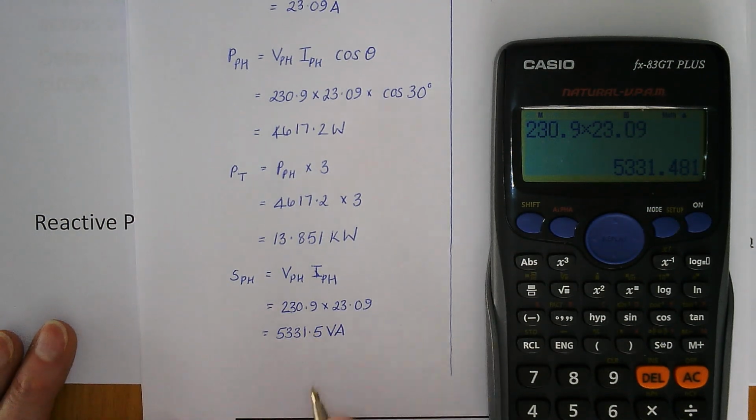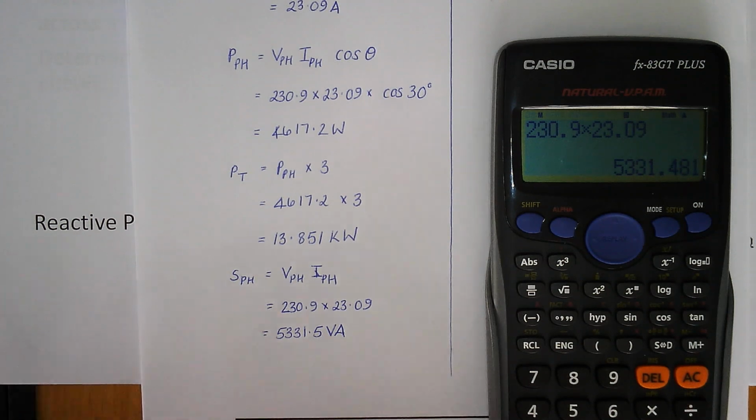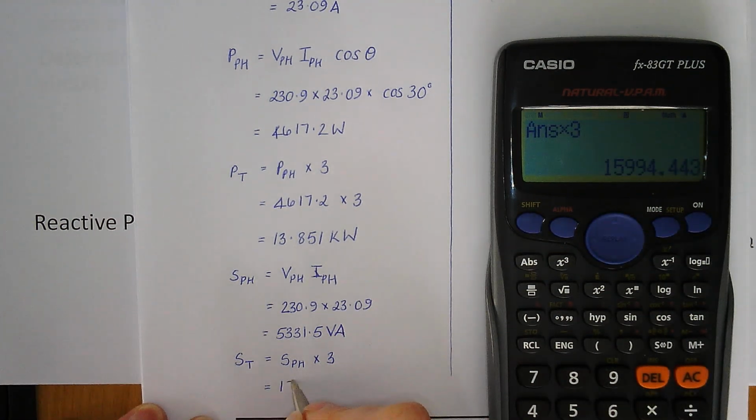And S is measured in VA, volt-amps. Remember, S, apparent power, is really only used for ratings and things like that, it just gives you an indicator. And your S total, in the same way as your P total, is just your S phase times 3. And again, I'm going to change it into Ks.